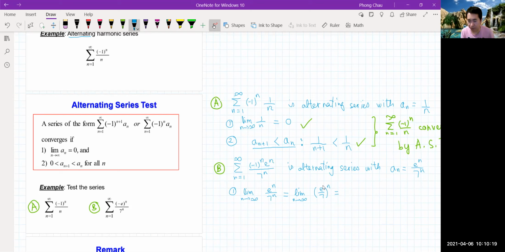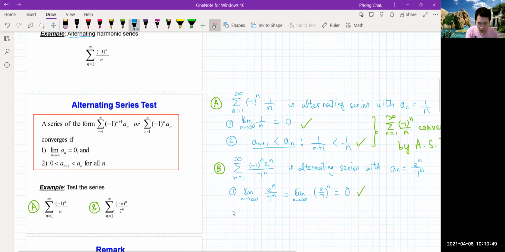So the base is smaller than 1. Now recall in exponential functions, if you have something raised to the n power, and that base is smaller than 1, then raising to larger and larger n, this will get smaller and smaller, and hence approach 0. So that's from the exponential function point of view. I can check that.